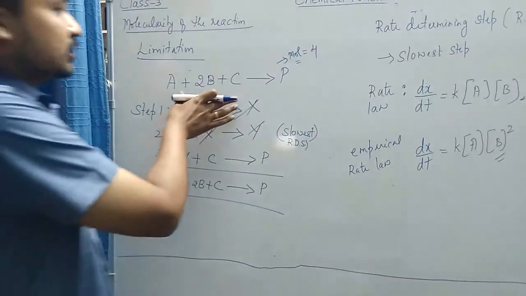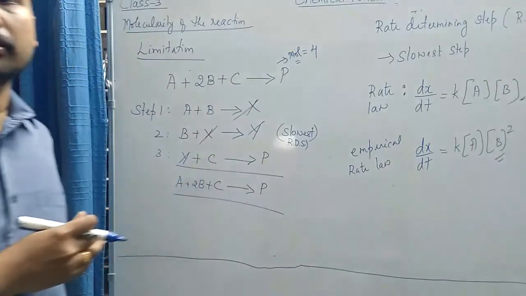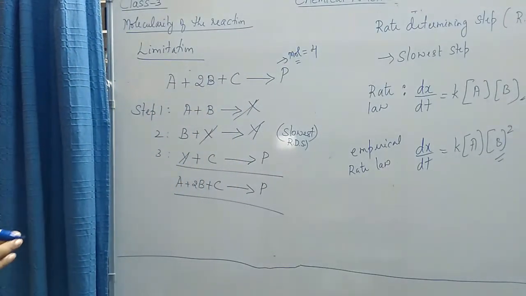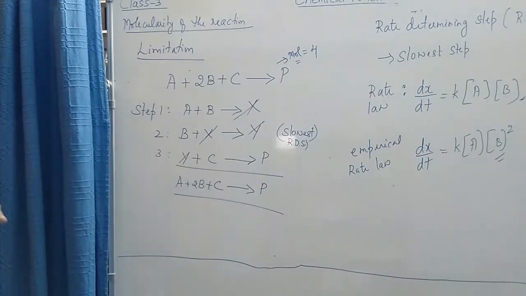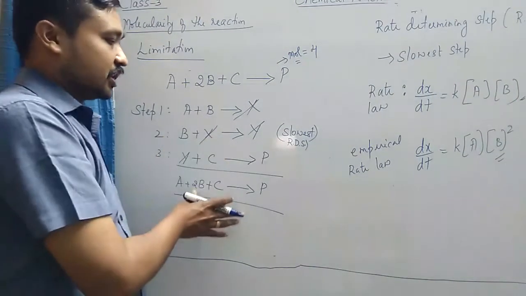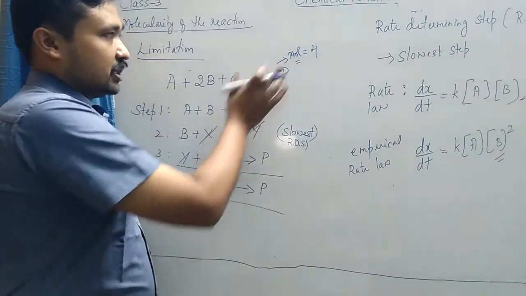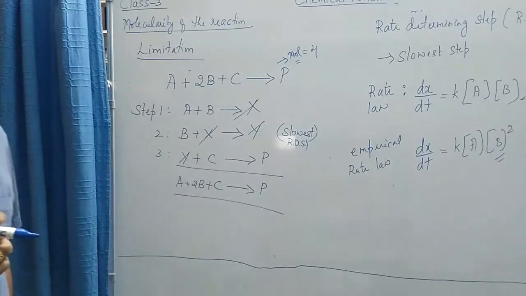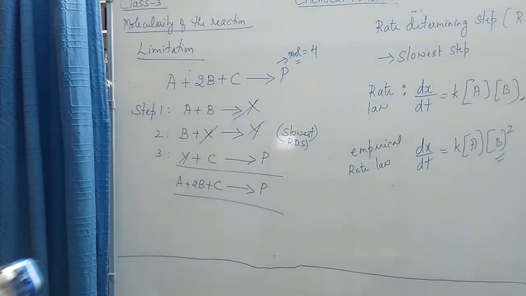If it was a single step reaction, molecularity would have predicted the correct effect of concentration on the rate. But since this reaction takes place in several steps, the expected answer and the predicted answer are completely different. So this is one of the important limitations of molecularity.